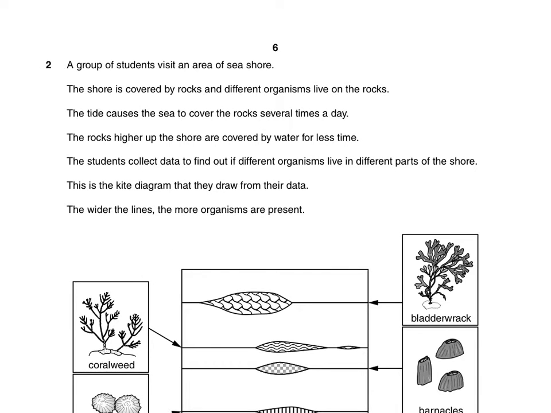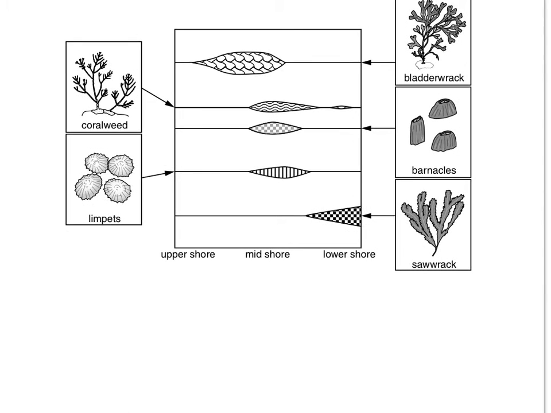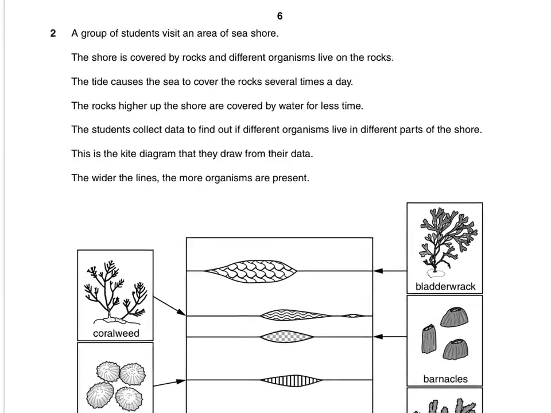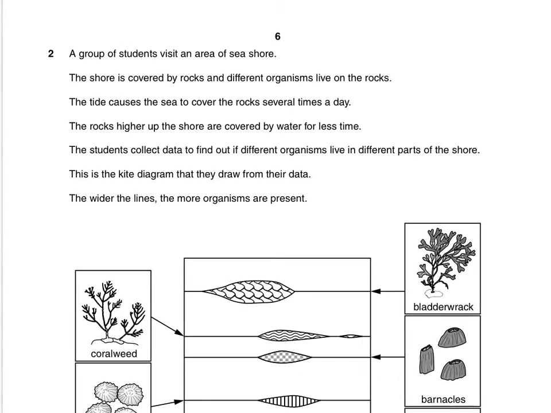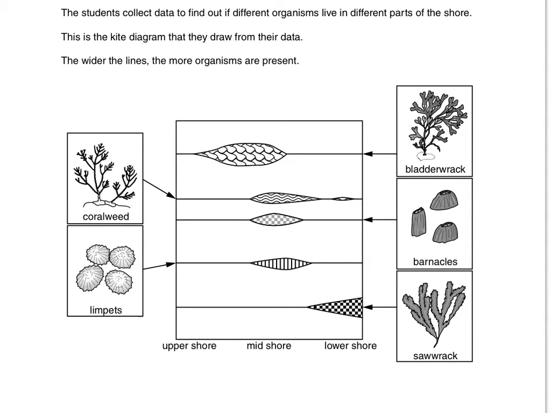On we go to the 6-mark question. We've got a group of students that have visited the seashore, and they've looked at all the different organisms that live on the seashore, depending on whether on the upper, the mid, or the lower shore. They've also marked on this kite diagram the thicker these bars, the more of that organism that lives there.